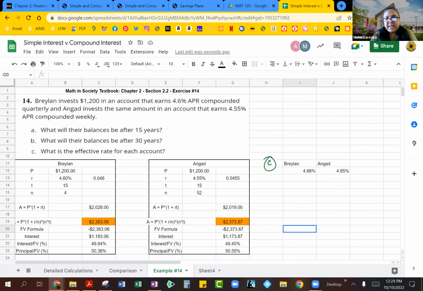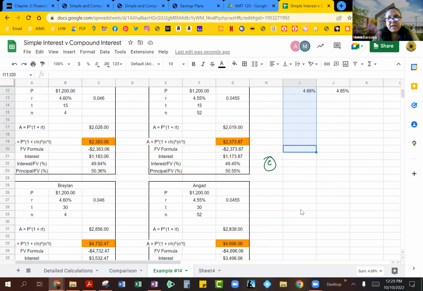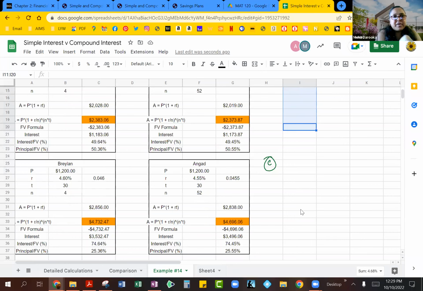And we knew that because look at their future value over here. Braylon had 2383.06, whereas Angad had 2373.87. So of course, Braylon had a higher future value. Even after 30 years, Braylon was at 4732 and some change, but Angad was only at 4696.